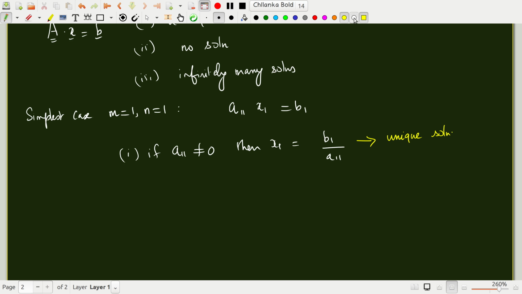Okay. Now you could also have a11 is 0 and b1 is not equal to 0. Then you're saying that 0 times some number is a non-zero number. This means that there is no solution that satisfies. This is called an inconsistent equation.